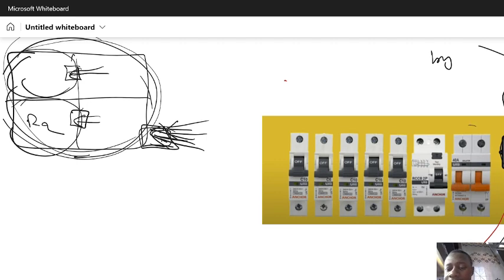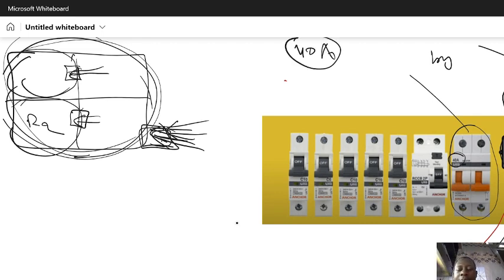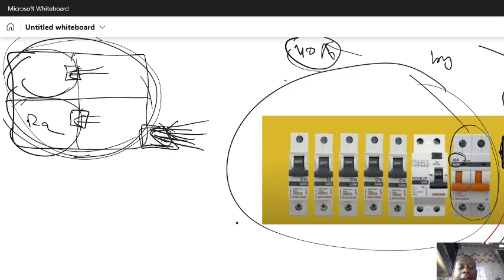Now we know this is the circuit breaker. The circuit breaker is used for protection. When there is a reading here, let's say 40 ampere, it means that when the current entering the whole house exceeds 40 ampere, all circuits will trip.